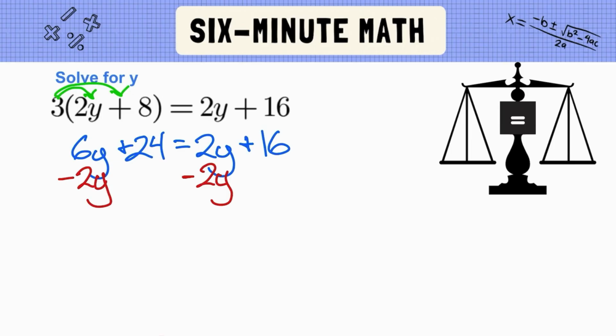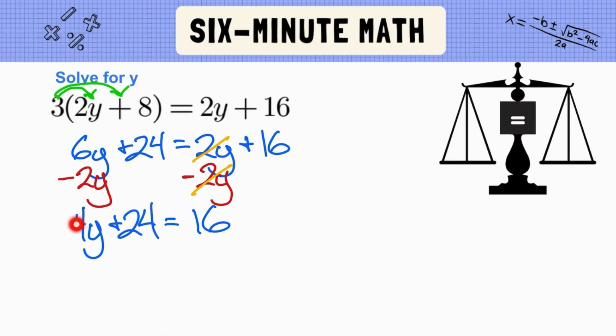So let's see what I have remaining. 6y minus 2y is 4y. My plus 24 doesn't get touched. Equals 2y minus 2y cancels each other off, and then I still have 16.